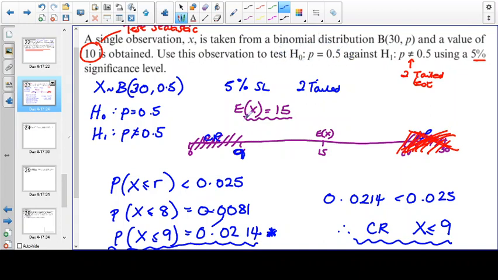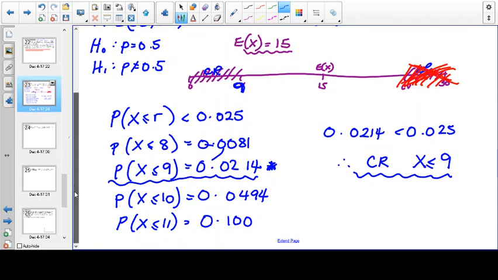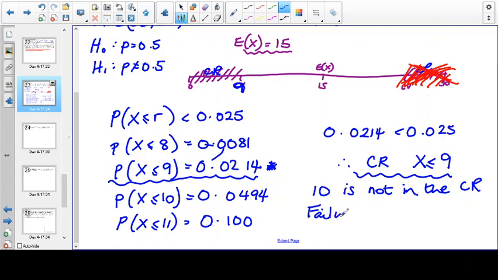There is not enough evidence to suggest that the probability is not a half, that it's different. Okay, so I'm going to just write 10 is not in the critical region. Failure to reject H0.